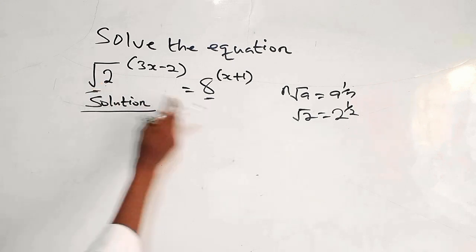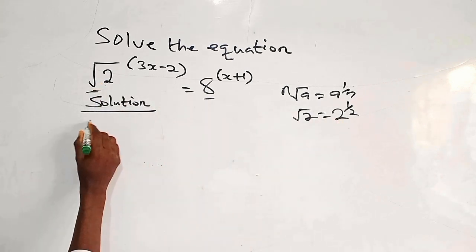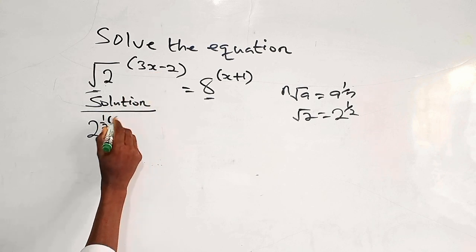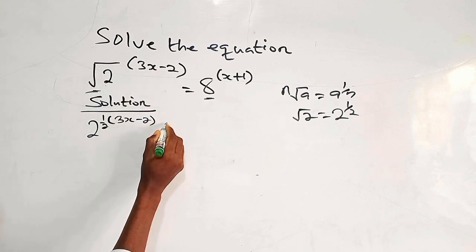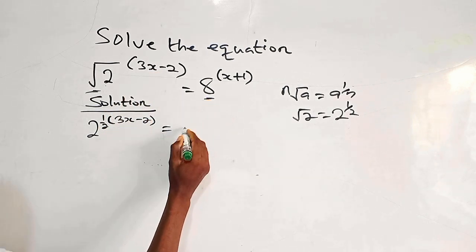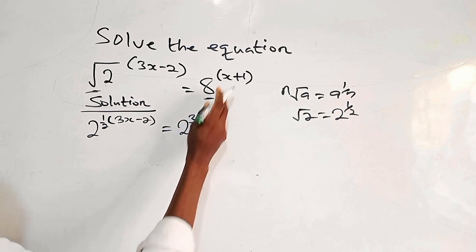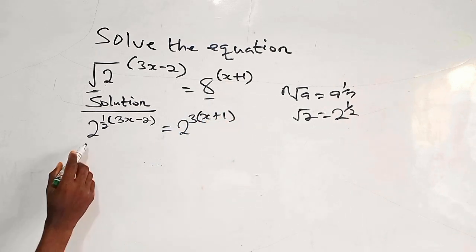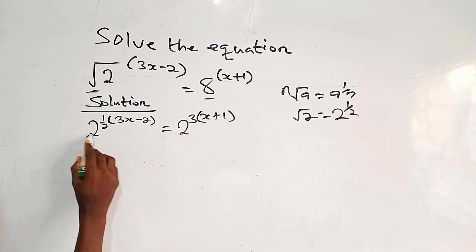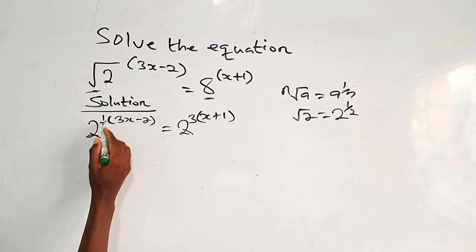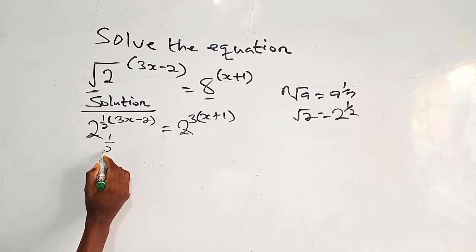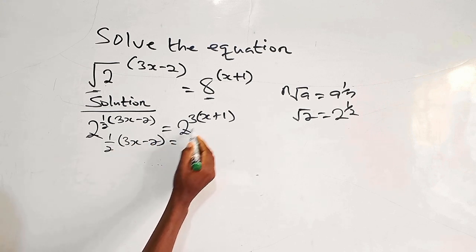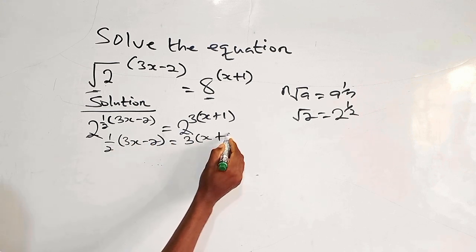So when I put this in this form, I have here 2 to power half, times 3x minus 2 equals, for 8 I have 2 to power 3 into x plus 1. So now I have the same base, so I can compare the exponents. So I have here 1 over 2 into 3x minus 2 equals 3 into x plus 1.